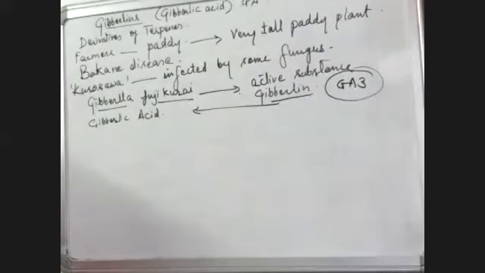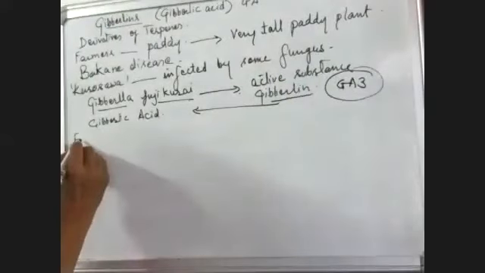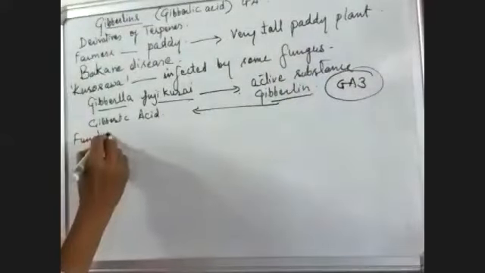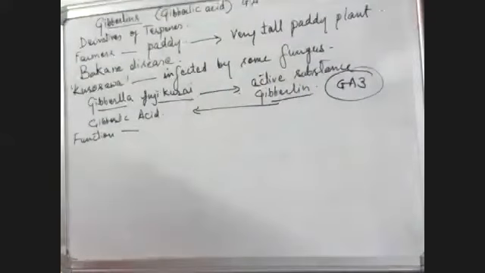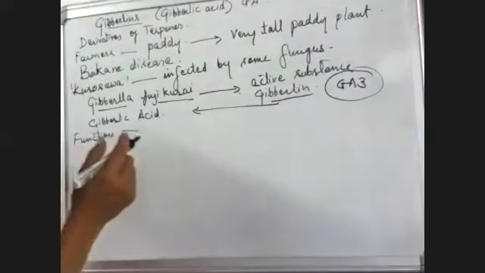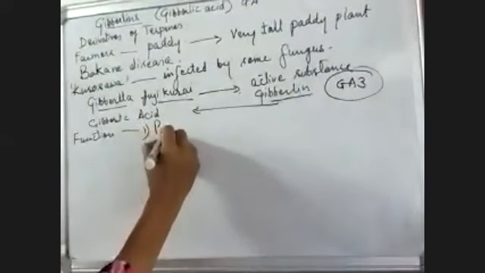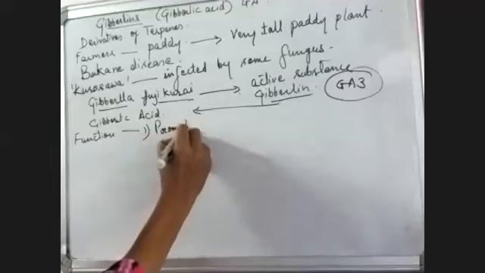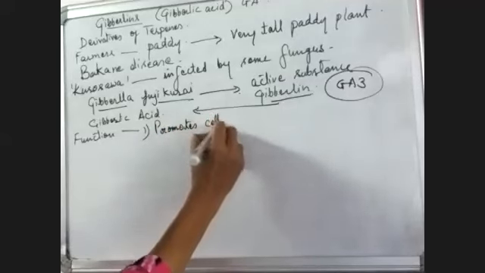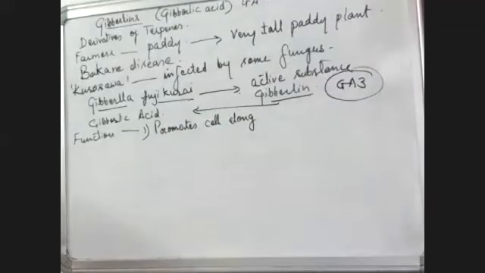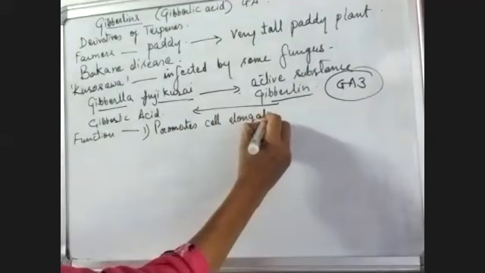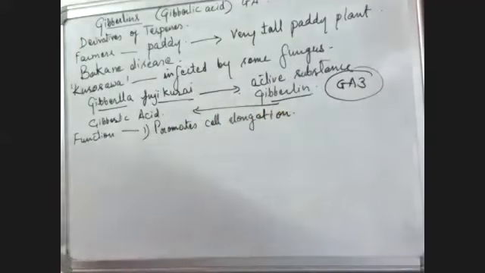Now let's come to the function of this hormone gibberellin. The first function is that it promotes cell elongation.